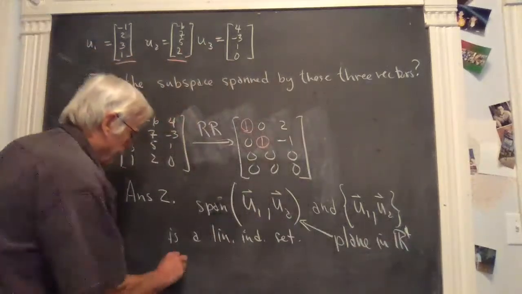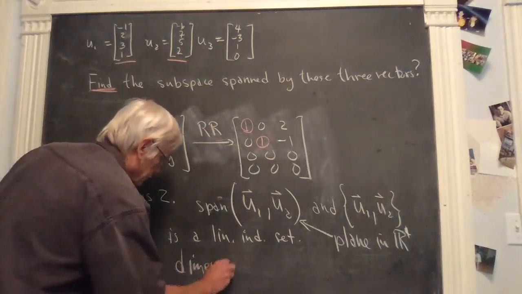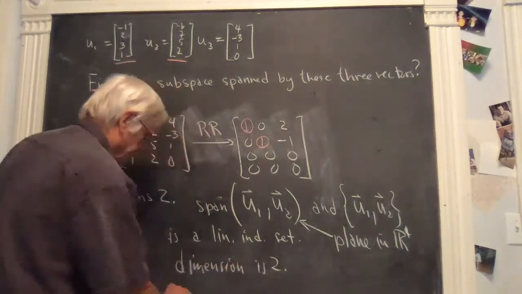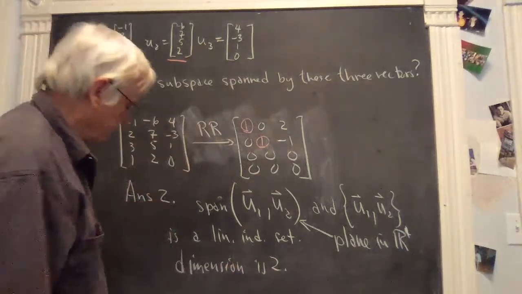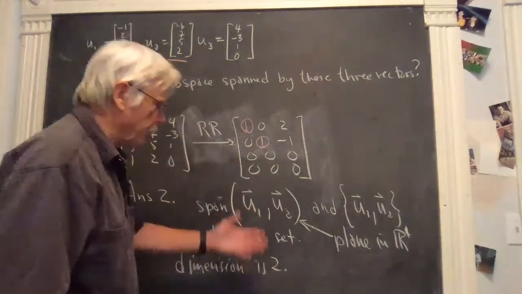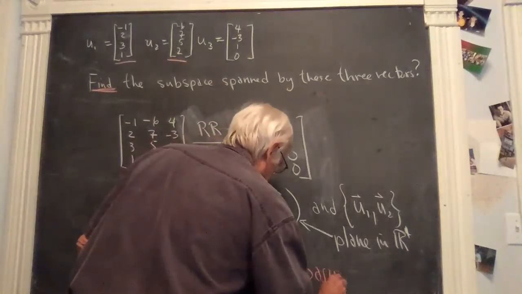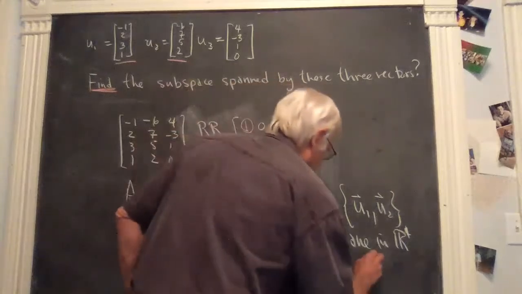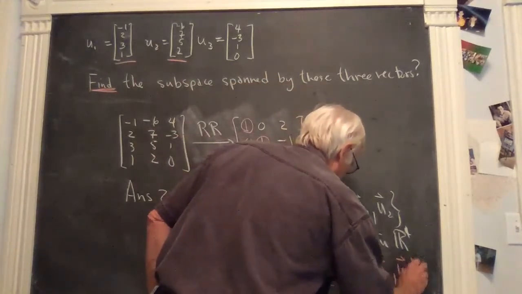And the dimension of it is 2. So this is a better answer. And the basis for this judgment, or the basis for this answer, is just these two vectors and the fact that they are linearly independent.